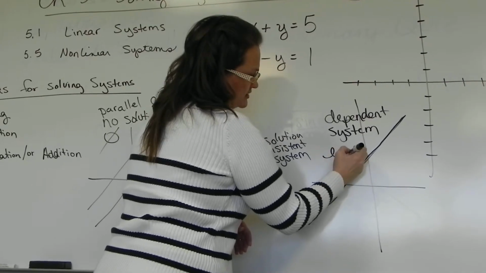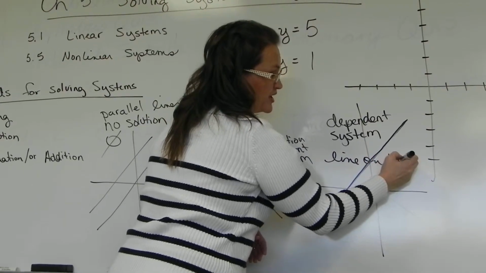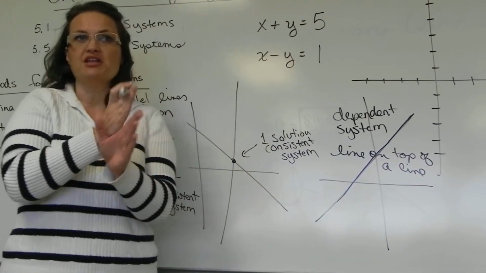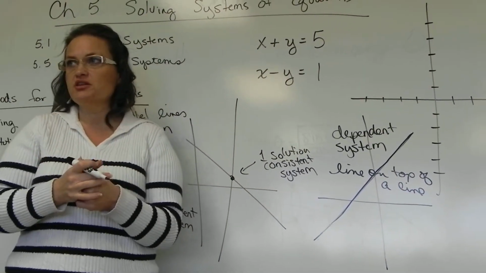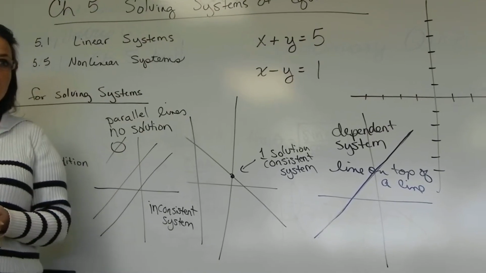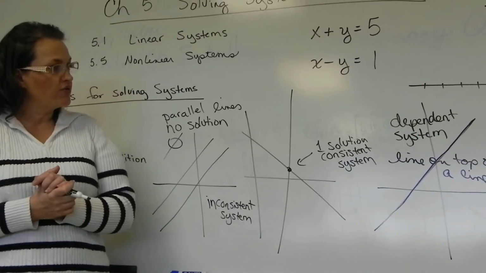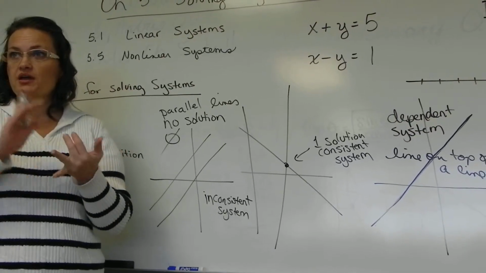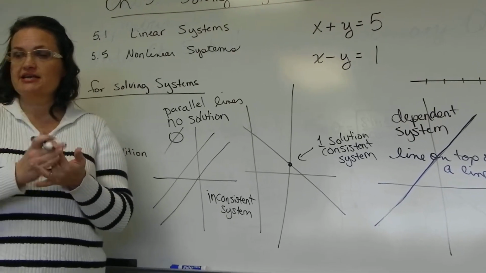They're the same line. Algebraically, when you clean the equations up and put them in standard form or whatever form you arrange them in, you see that they're equivalent. They have the same slope and the same y-intercept, the exact same lines.